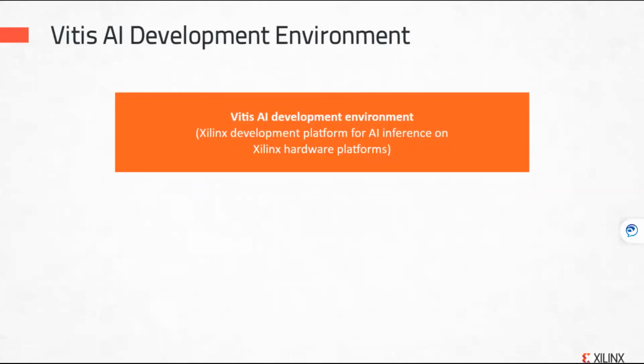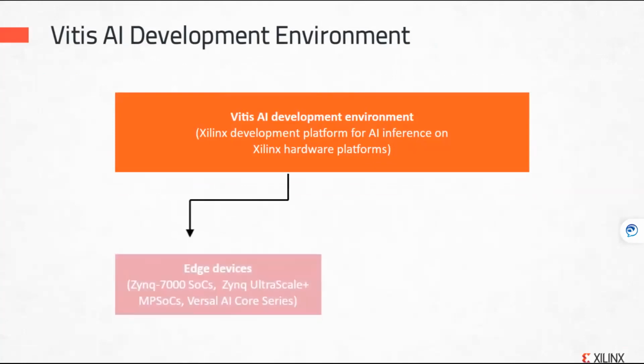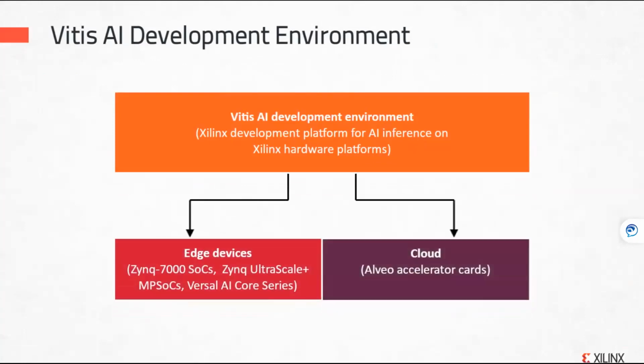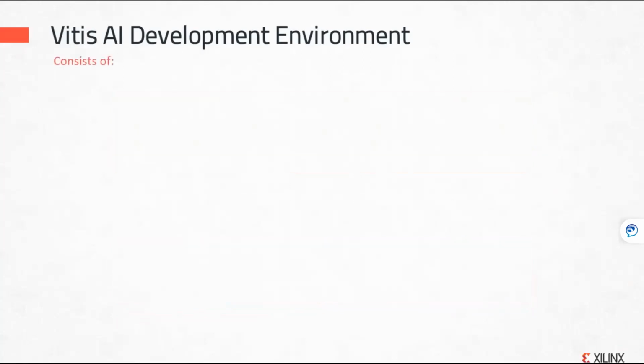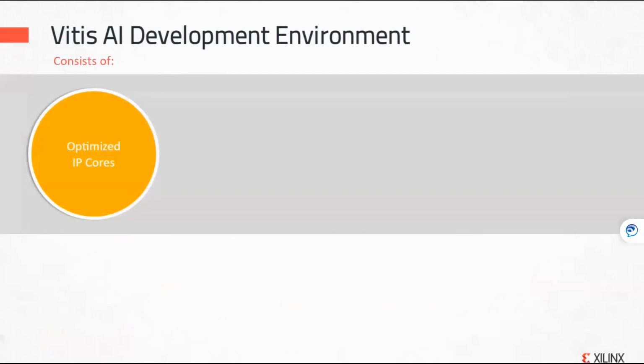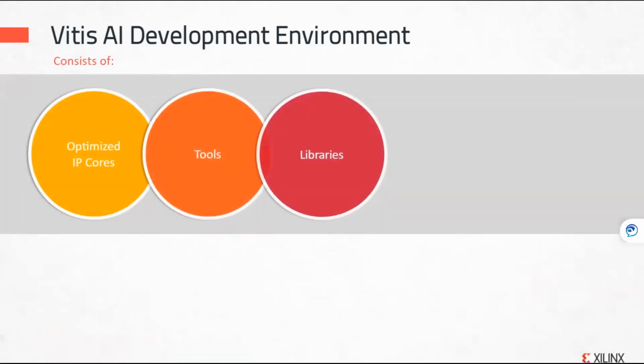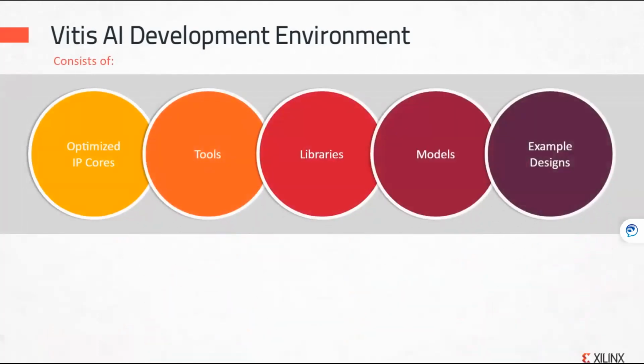The Vitis AI development environment is the Xilinx development platform for AI inference on Xilinx hardware platforms, including both edge devices and Alveo accelerator cards. The environment consists of optimized IP cores, tools, libraries, models, and example designs.